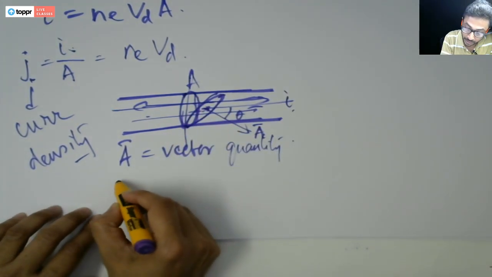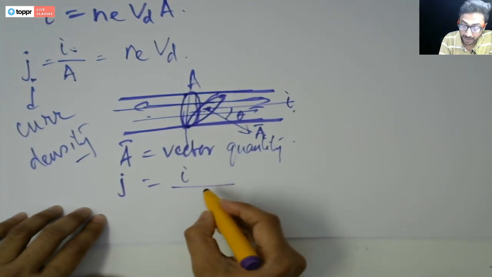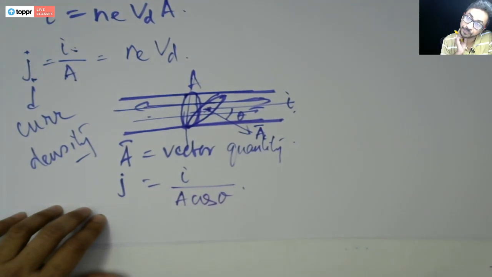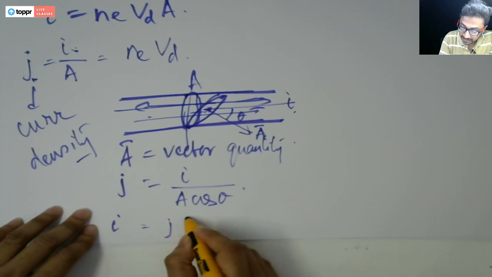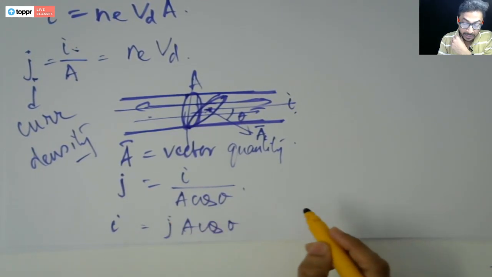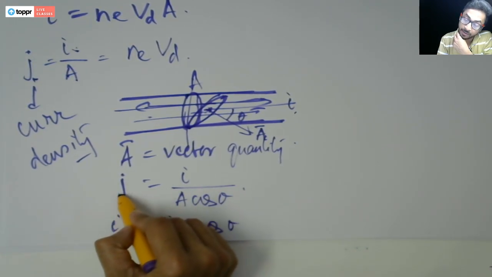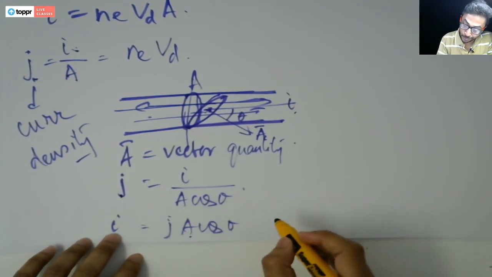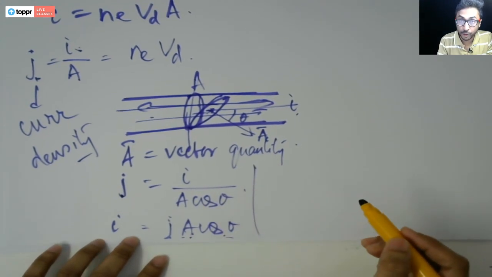So the current density J, I can write as I divided by not A but A cos theta. If we take this side, I will be J A cos theta. In terms of vectors, A is a vector quantity, and very interestingly the current density is also a vector quantity, but I is a scalar quantity. So J A cos theta is in the form of a dot product.